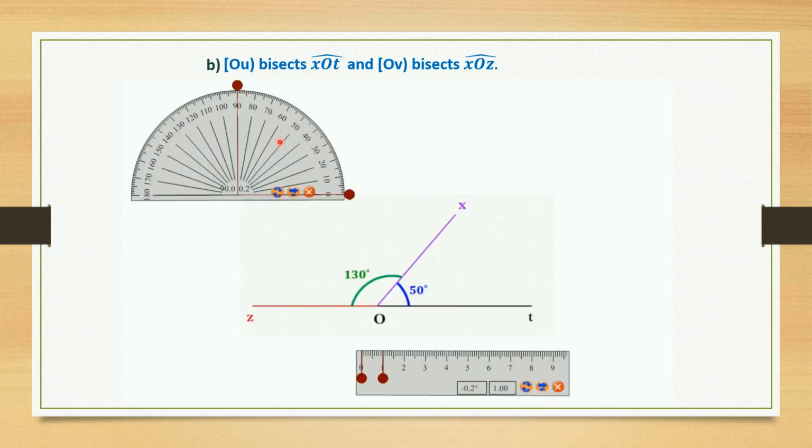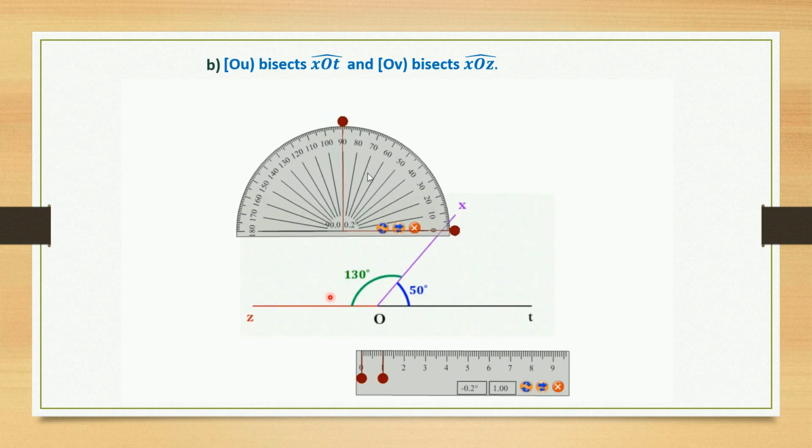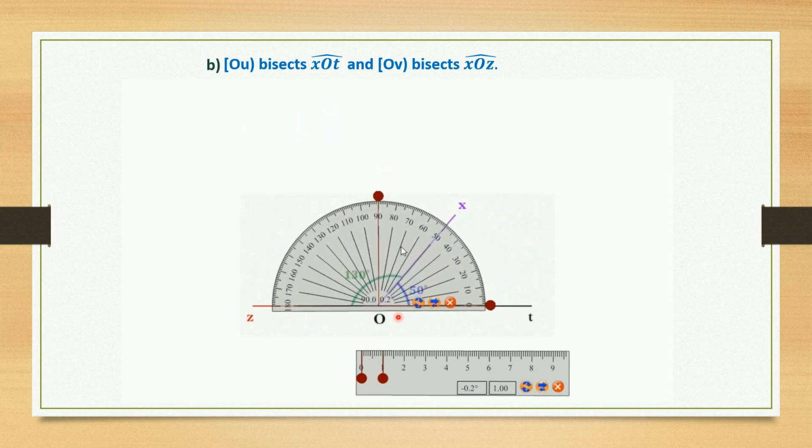First, to draw the bisector of XOT, we need to find the half of XOT. Half of 50 degrees is 25 degrees. I bring my protractor, I put the zero line on OT, center on O, I count from 0 till 25, I place a point above the dash of 25.